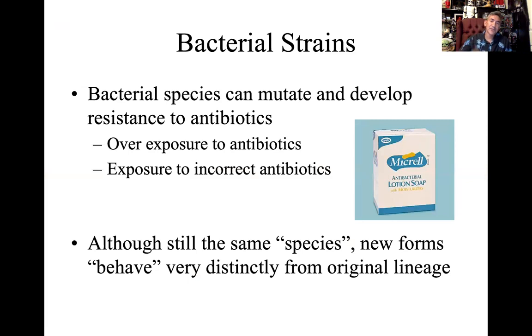I did mention this a little bit, just want to reiterate. Bacteria are becoming more and more difficult to kill. And what do we blame for this, right? Well, we blame overexposure to antibiotics, not taking the right antibiotic, not taking it for the right duration of time, taking the incorrect antibiotic for the bacteria that you actually have.